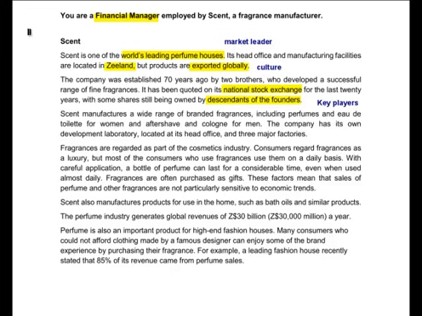Now, it's worth noting here that it only has 3 major factories. Now, this in itself may not be a particularly bad thing, but from a perspective of meeting demand, if those 3 factories are at capacity, if suddenly there were to be a demand for their products, would they be able to meet demand from those 3 factories?